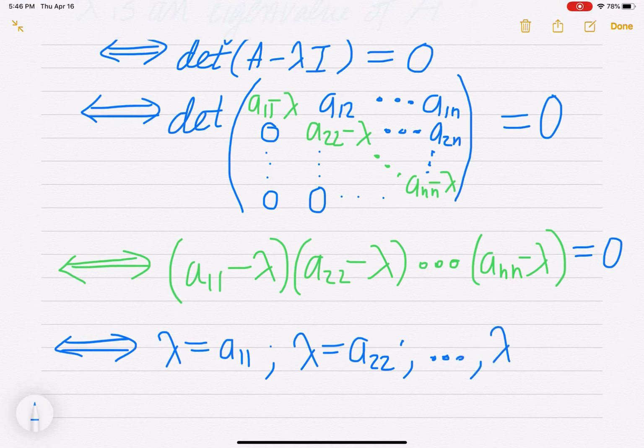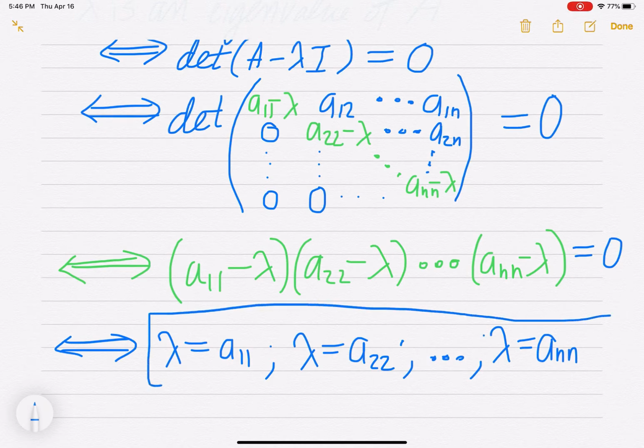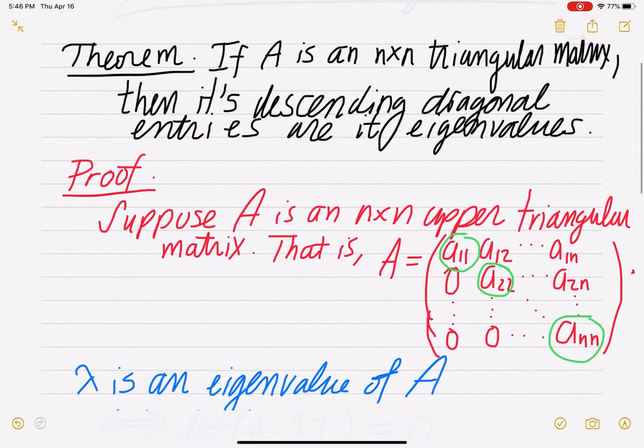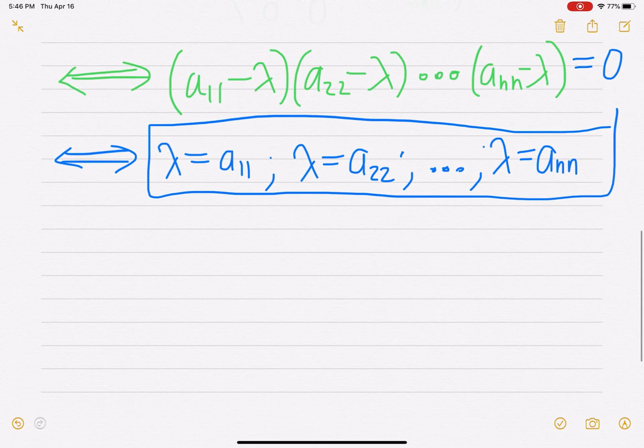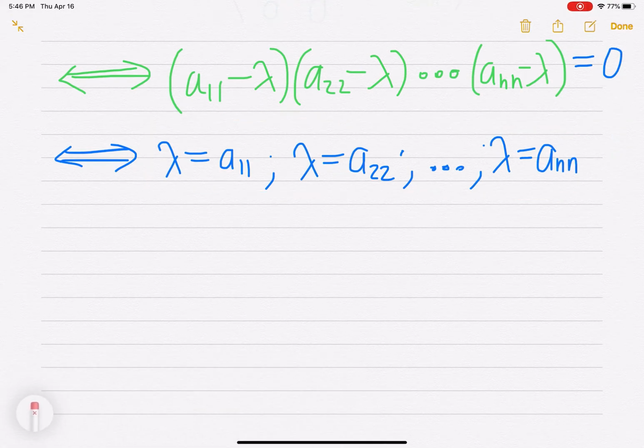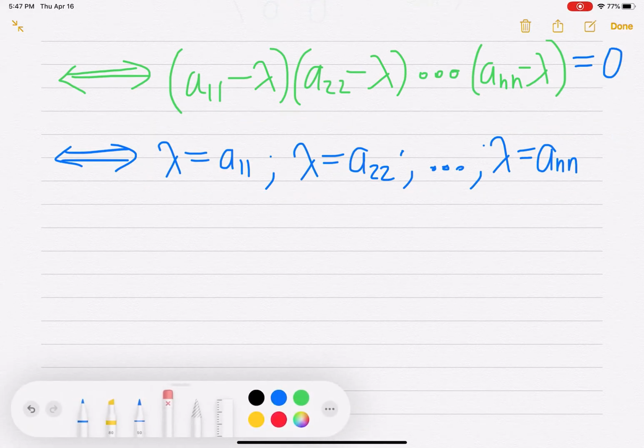Lambda could be Ann. It can't be none of those, so lambda has to be at least one of those. So that's it, we've proven it. That's the end of the proof.